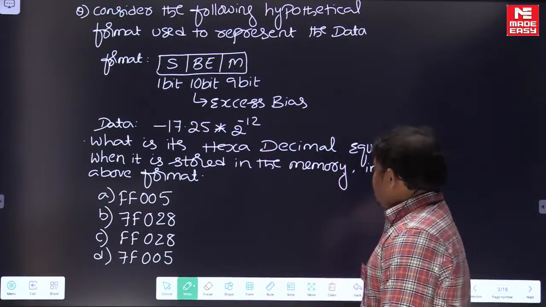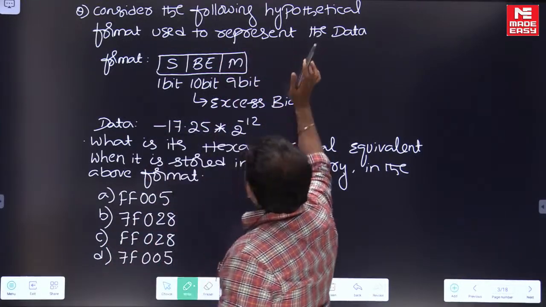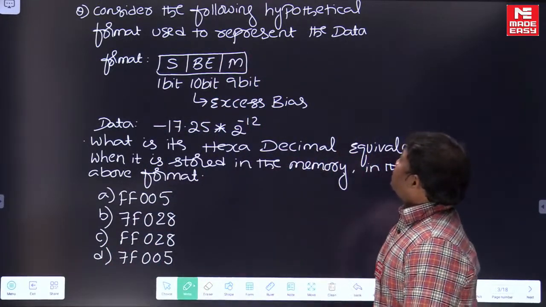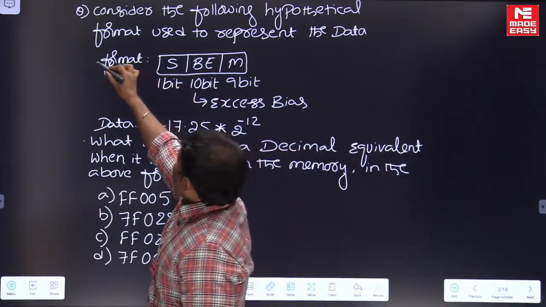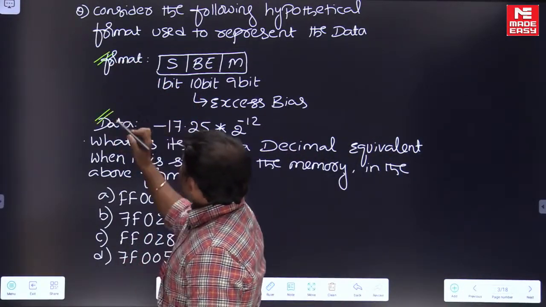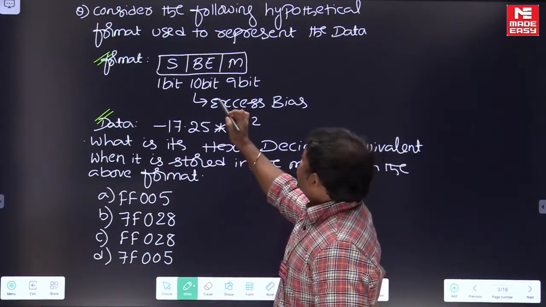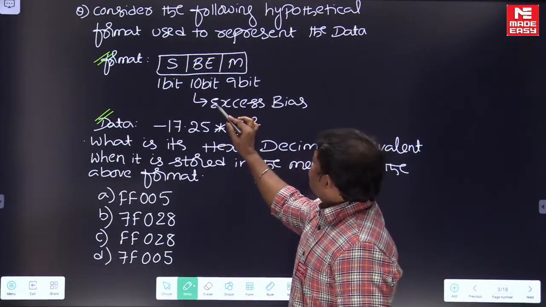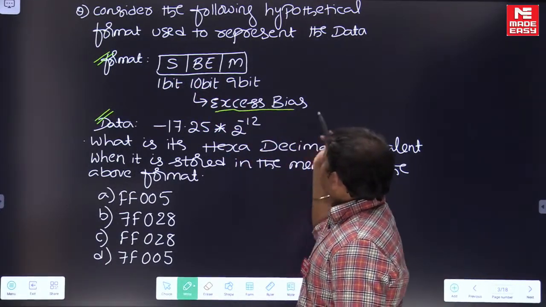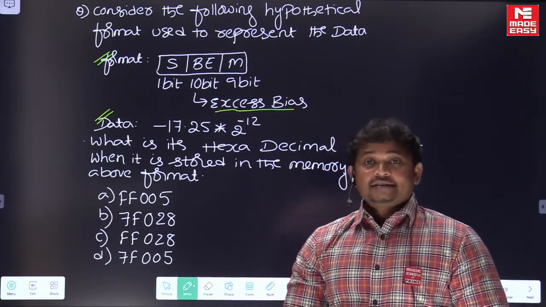Yeah. See students, here the question is: consider the following hypothetical format used to represent the data. So the format is given and also the data is given. Okay. So sign, biased exponent, mantissa. This is designed with an excess bias.